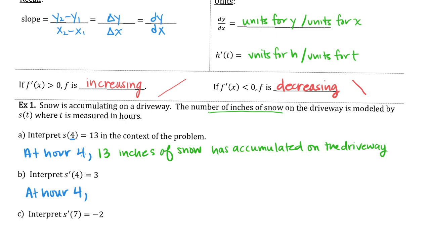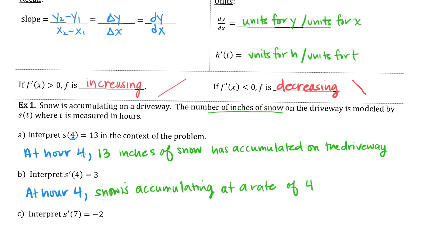Now we're doing S prime of 4. So I'm doing the change in S over the change in T. What is S? S is the inches of snow. T is the hour. So this is the change in the snow accumulating per hour. So let's say the snow is accumulating, and since I'm doing S prime, I'm doing the rate.